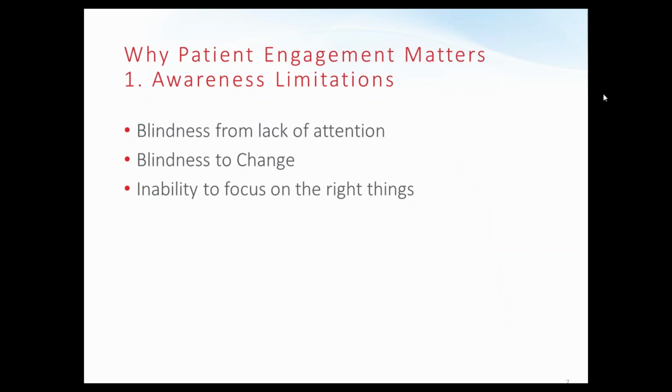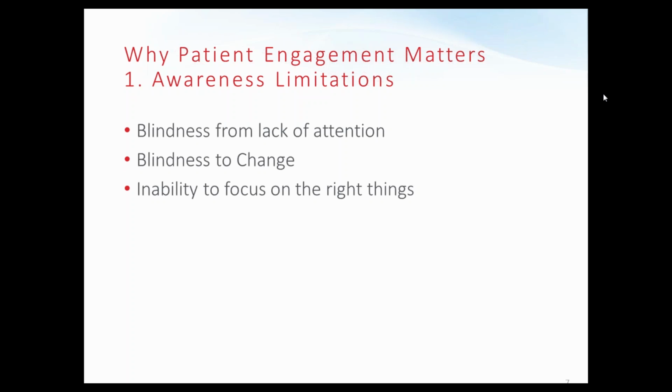So what exactly are our awareness limitations? Here are a few that can contribute to our failure to see things. The first is blindness due to lack of attention. This is the general tendency to miss what we're not looking for, even in some cases when we're staring directly at it.